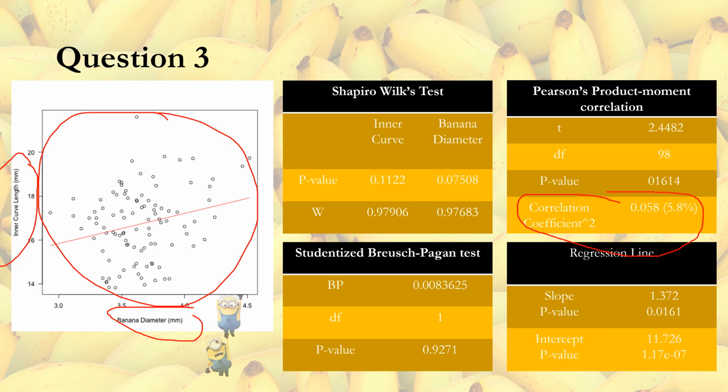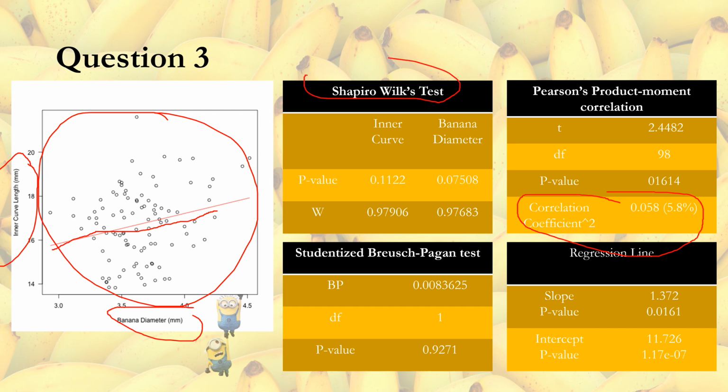However, this doesn't mean that they have a causative relationship, because this only explains the variation in the banana inner curve length through looking at the banana diameter. As seen on the scatter plot, there is a positive correlation between the length and the width of the bananas.